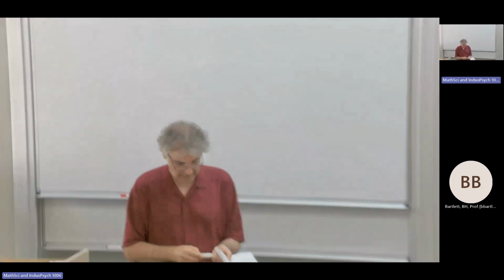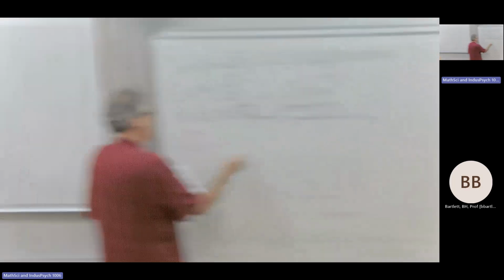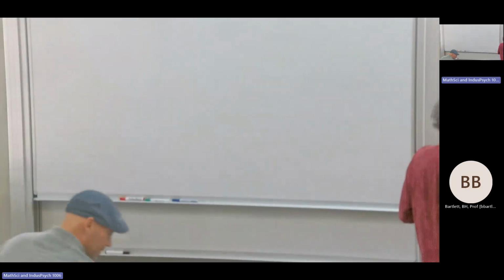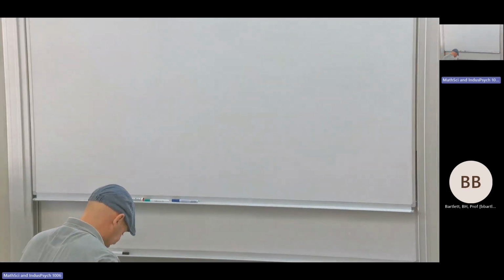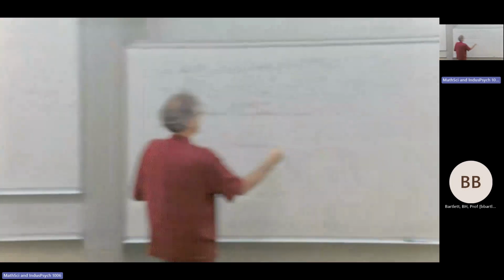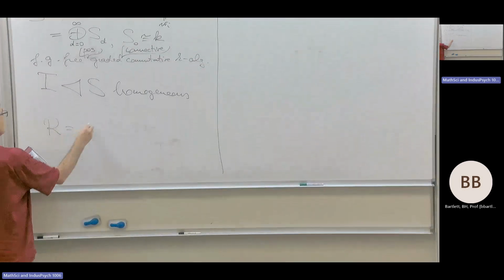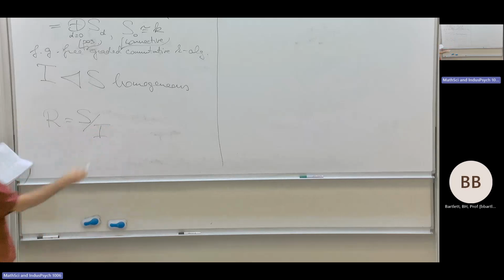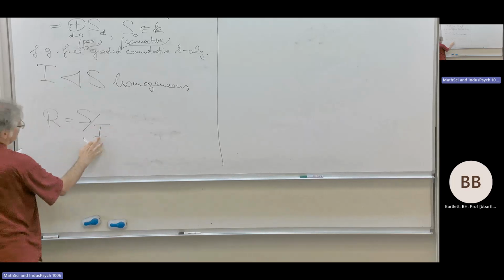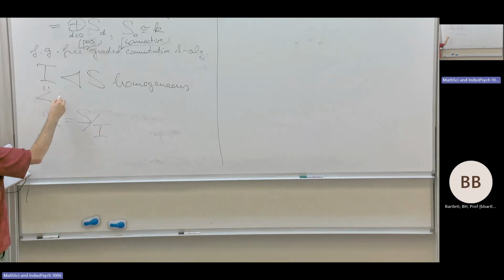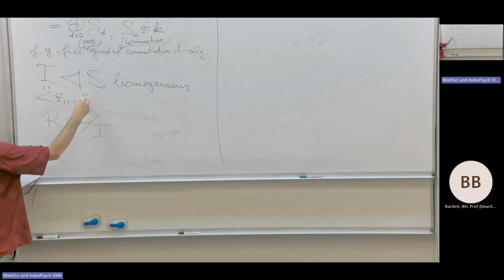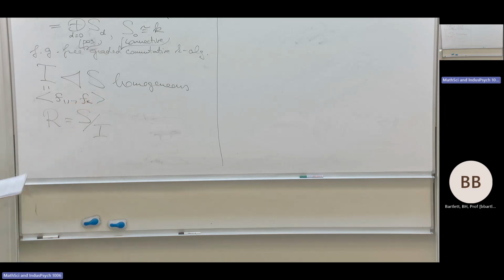So that's our S. And then I is some homogeneous ideal. And then we have R, the quotient ring. And because we are working in a Noetherian ring, I is generated by a finite number of homogeneous elements. Okay, so that's our setup.